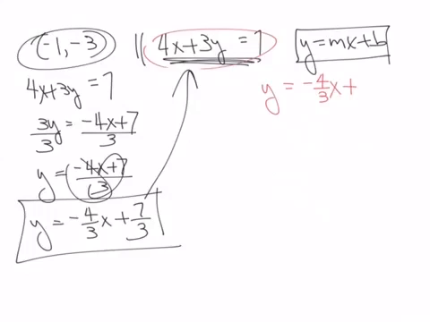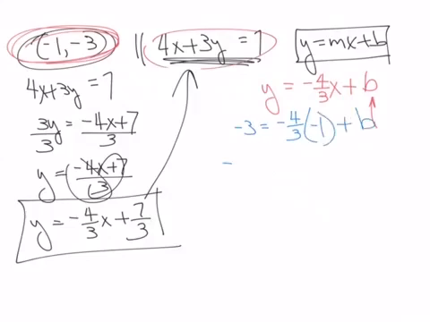I don't know what b is, though. I don't know where it crosses the y-axis, so that's my next step. So what I do is I take this information here, and I put this -1 in for the x, -3 in for the y, and I solve it. So I'm going to put -3 in for y, -1 in for x.